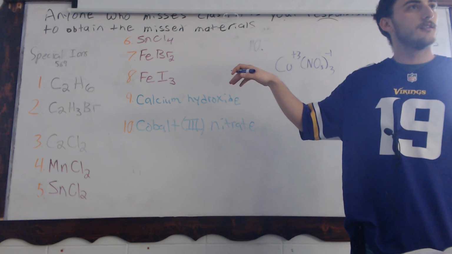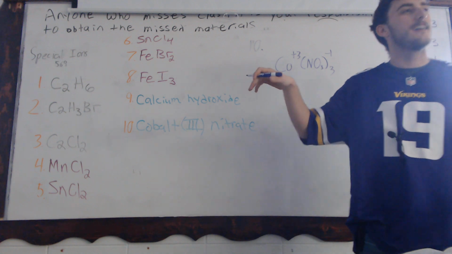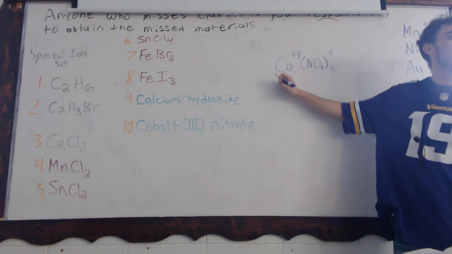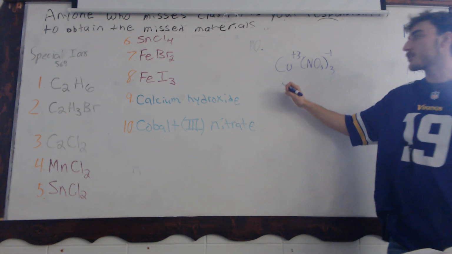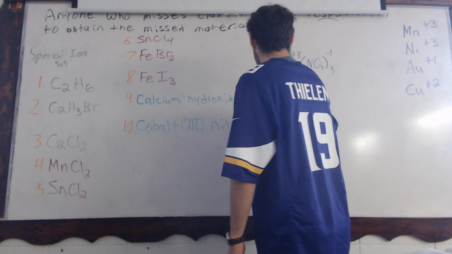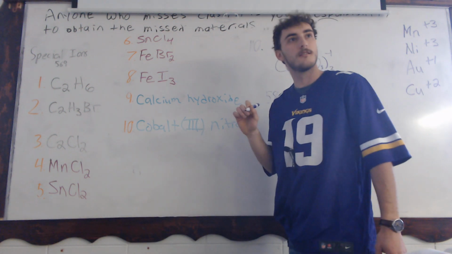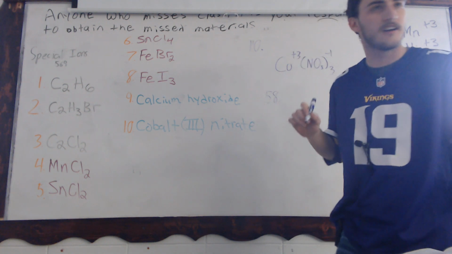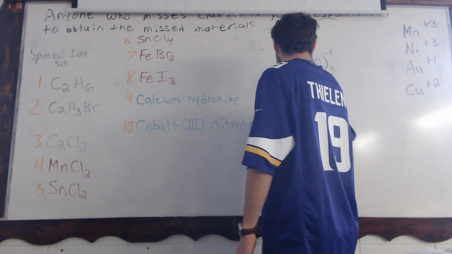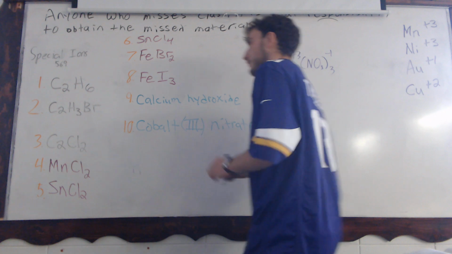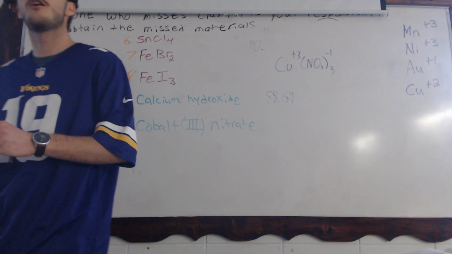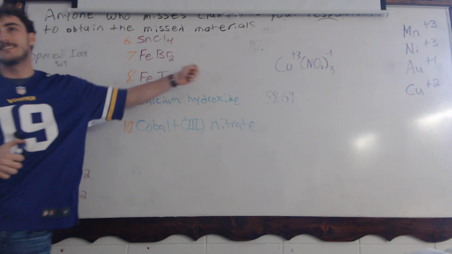Oh, yes, you do. Okay. Let's start with the stuff you do know. Cobalt. Cobalt is 58.69. Oh shoot, I guess I did it wrong now because we added this. Good, that's fine. Doing it wrong's okay. This is where you should get it wrong.